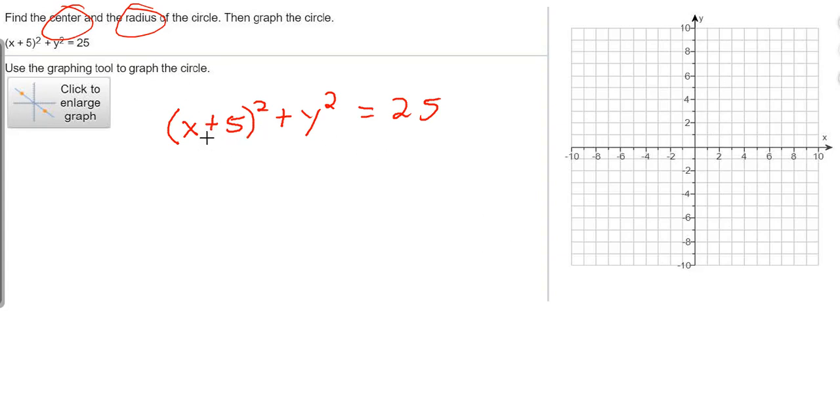All right, so to find the center and the radius, we will compare the equation we're given to the formula that we just developed. So we have x minus h squared plus y minus k squared equals r squared. And then all we have to do to find the center and the radius is to line up this formula with our equation and find h and k and r, and then we'll know the center and the radius.